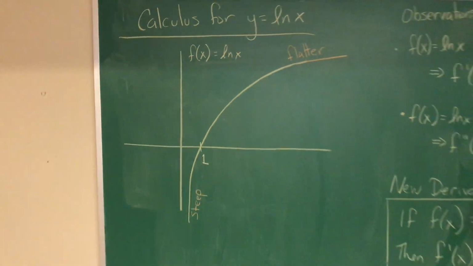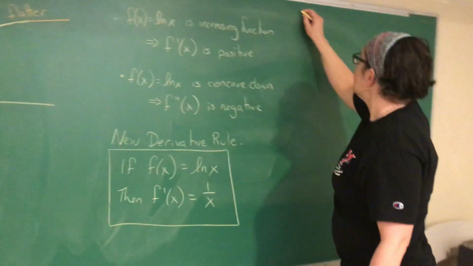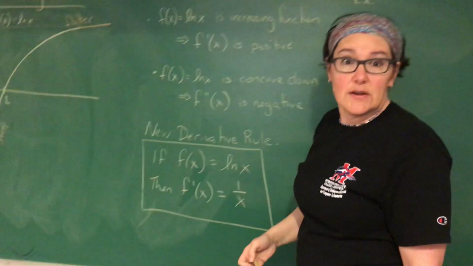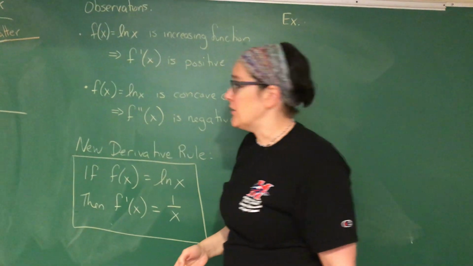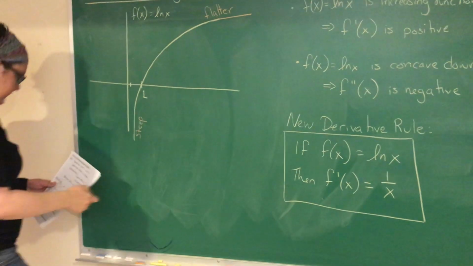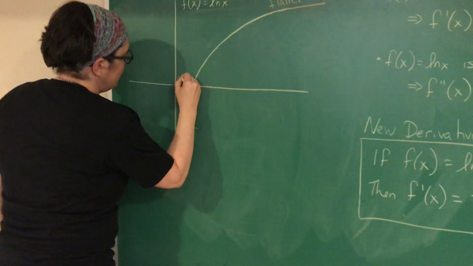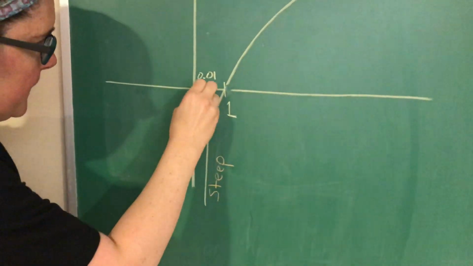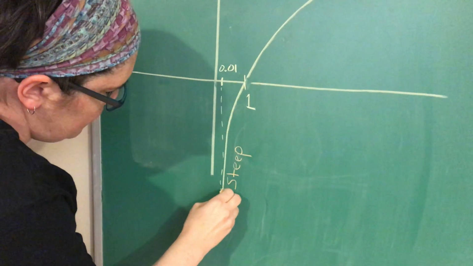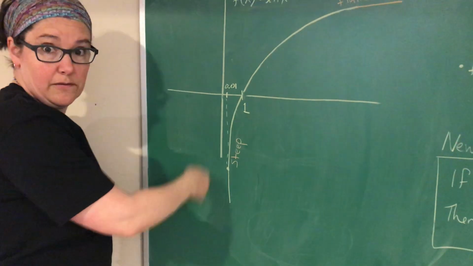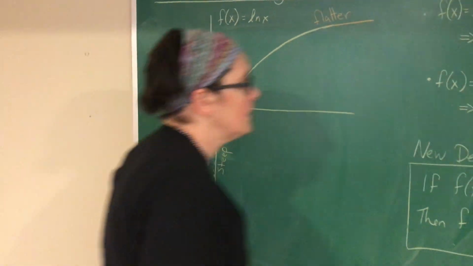So let's take a look at an example. Let's say that I look at a really, really tiny number, like say x is equal to 0.01. That corresponds to a point that's way far down on this graph, really, really steep here.